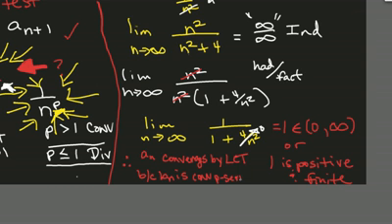Hey, so will they take points off for not showing the grader that you know it's indeterminate, infinity over infinity? I don't know, man. I'd rather not just leave it up to chance. I'd be mad if I lost 2 points or whatever on a problem just because I didn't write this down.